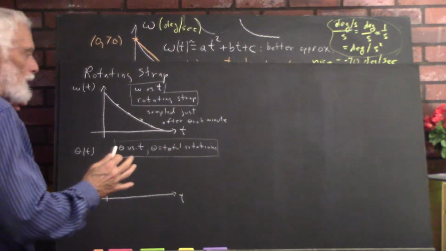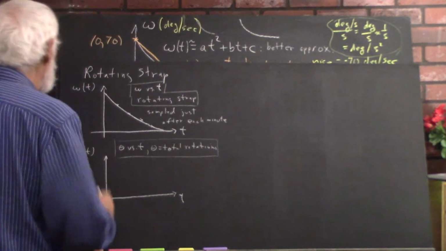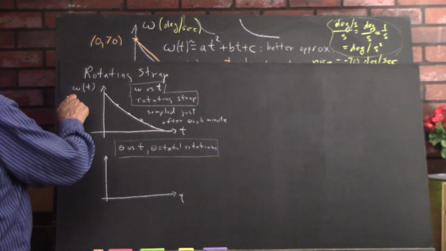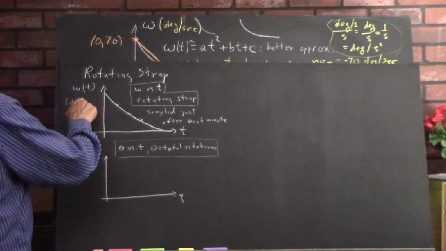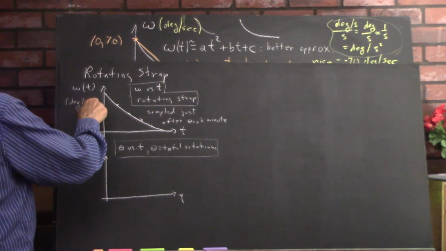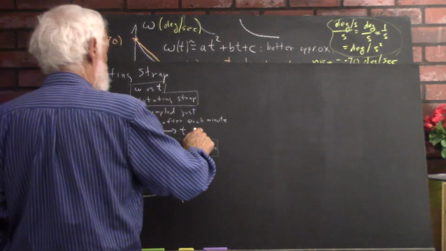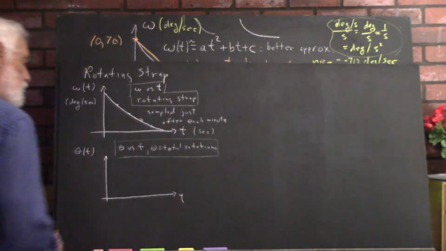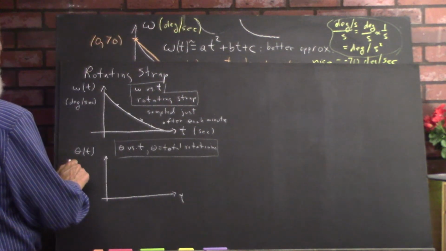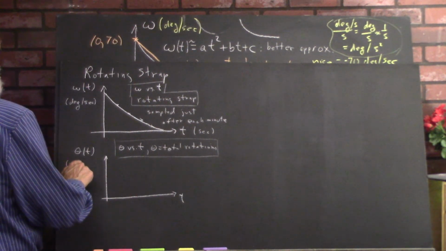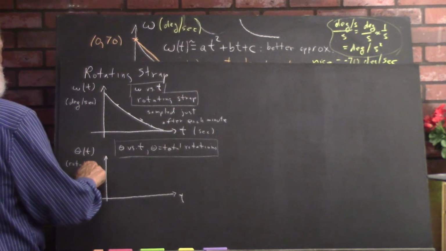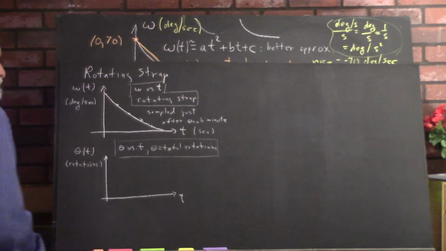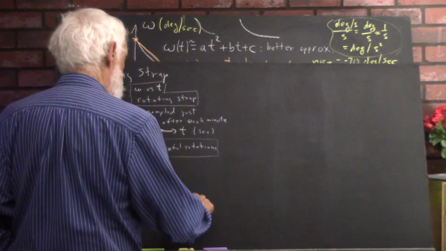Now, when we do this graph, our omega of t is in degrees per second, t is in seconds. Theta of t is going to be measured in rotations, when t is measured now in minutes.